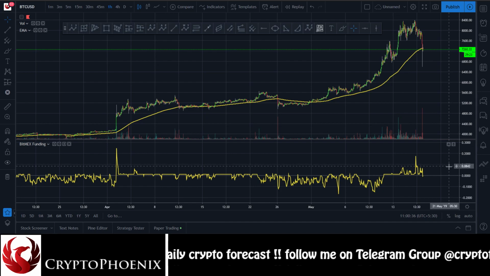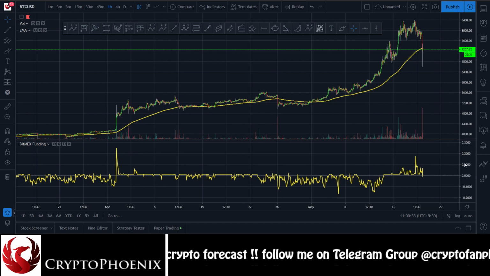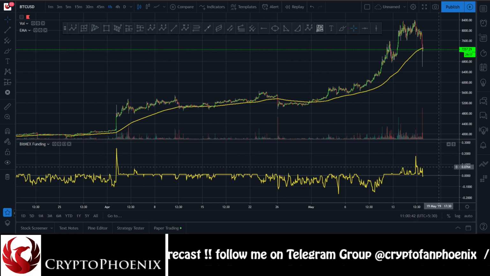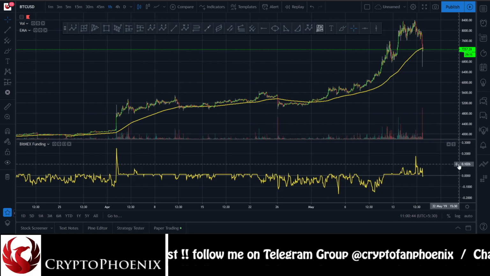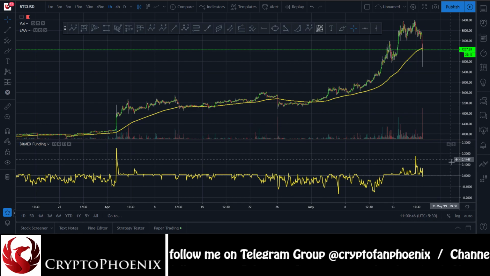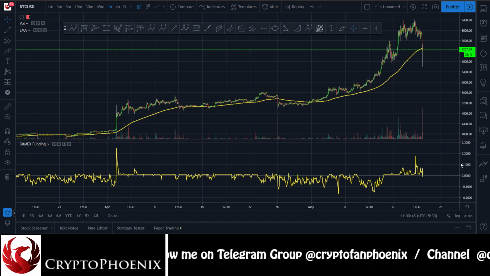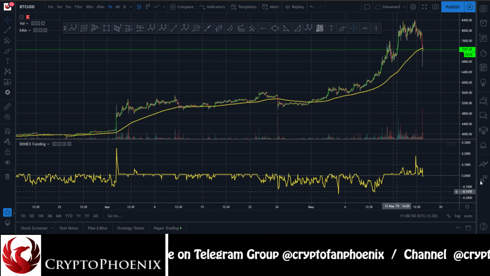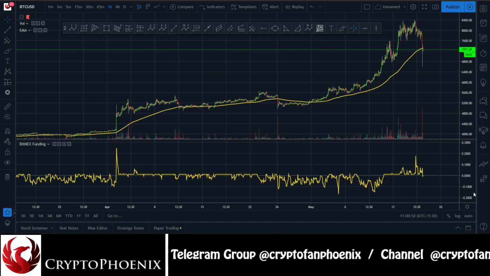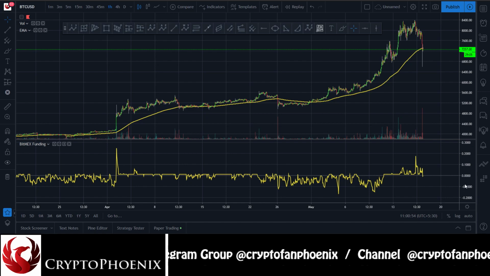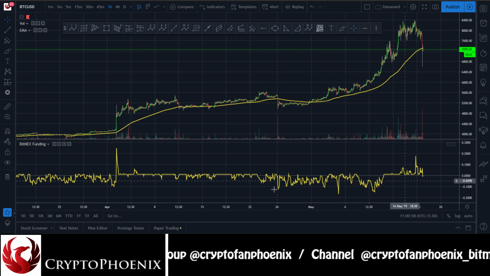0.1 is a medium scale of indication. A positive funding rate shows that most of the traders are in long positions, and a negative funding rate shows that most of the traders are in short positions.